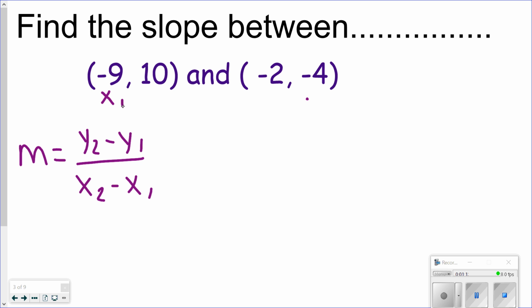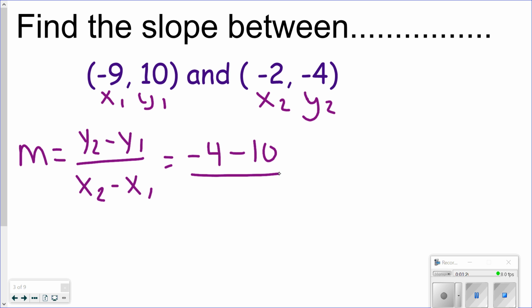So I have x1, y1, and this is x2, y2. All right, so y2 is -4 minus my y1, which is 10, divided by x2, which is -2, minus x1, which is also a -9.